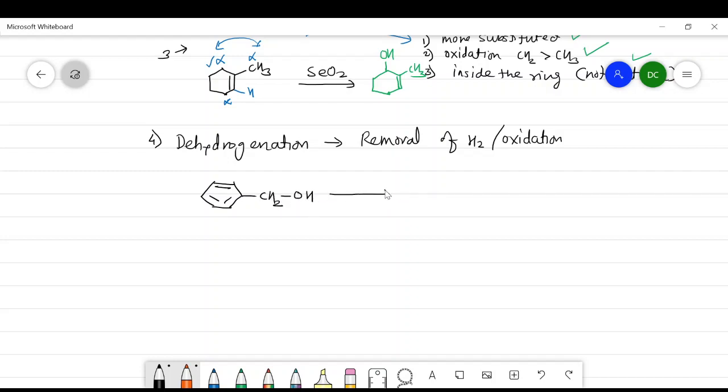When this benzyl alcohol is treated with SeO2, there is a removal of hydrogen, and the benzyl alcohol is converted into benzaldehyde. So there is an oxidation of benzyl alcohol into benzaldehyde, and it is nothing but a dehydrogenation process in the presence of SeO2.